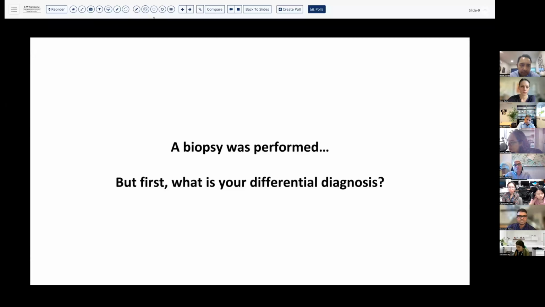Okay. Thank you, Johan, for the clinical presentation. So at this point, a biopsy was performed, but perhaps before we launch into that, we can have a little bit of a discussion, perhaps put some differential diagnoses in the chat, so we can then have some ideas before we actually take a look at the tissue.